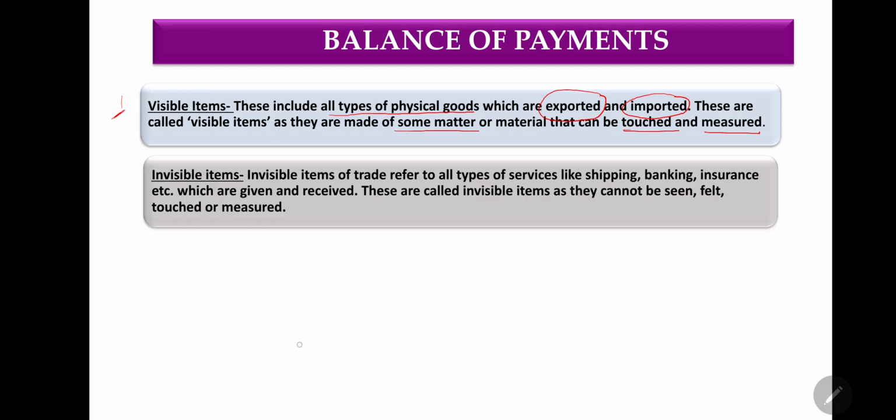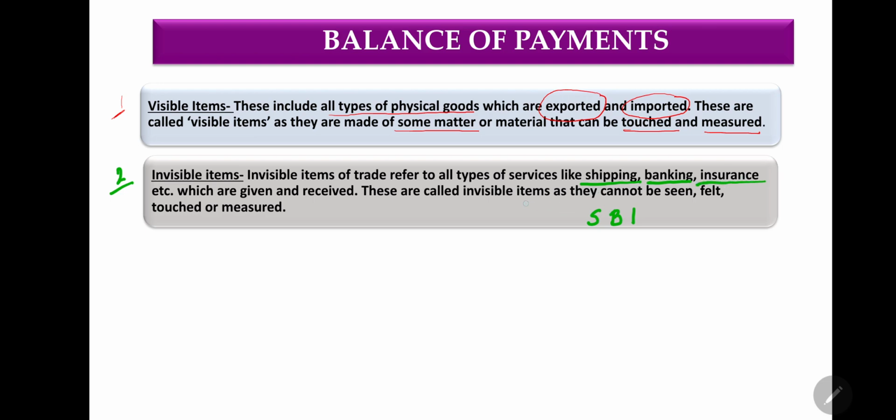The next category of economic transactions are invisible goods. What are invisible goods? Invisible goods are those goods which include SBI. S standing for shipping, B stands for banking, and I stands for insurance.